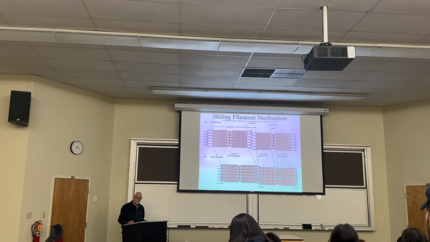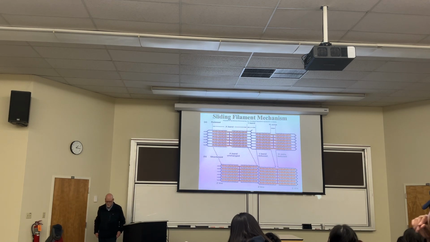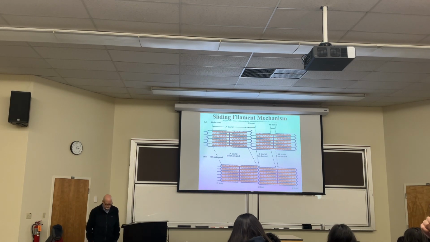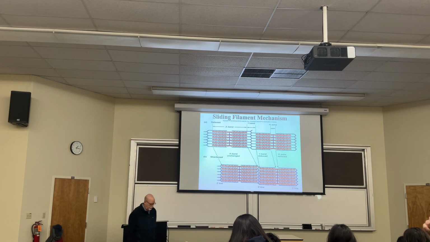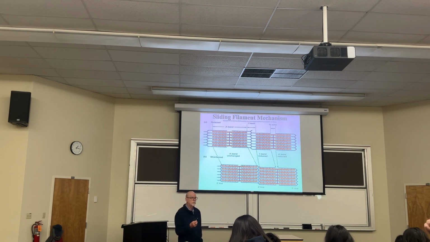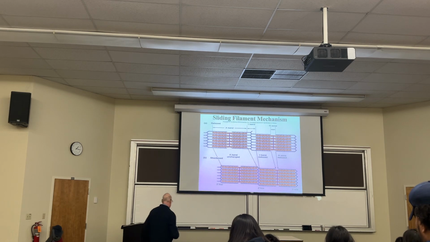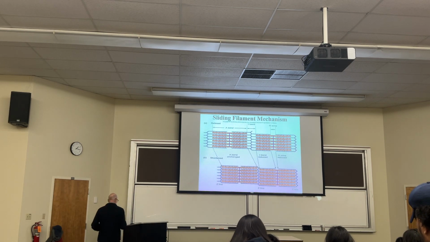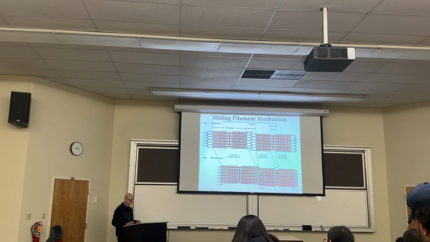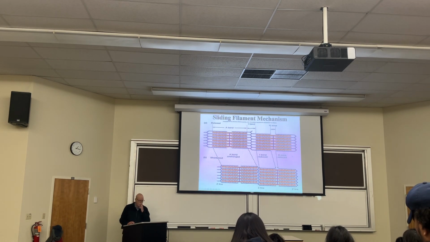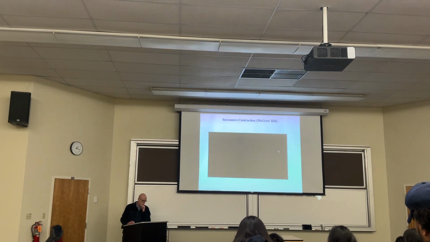It binds to the myosin cross bridge, and it phosphorylates the myosin cross bridge and transfers some energy from the ATP to the myosin cross bridge. But the binding of the myosin cross bridge to the actin requires that ATP to have already attached to the cross bridge.